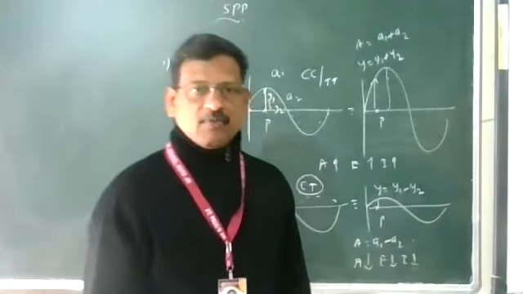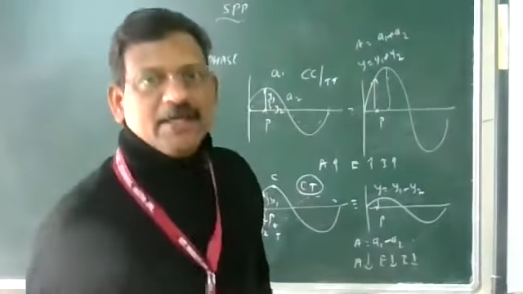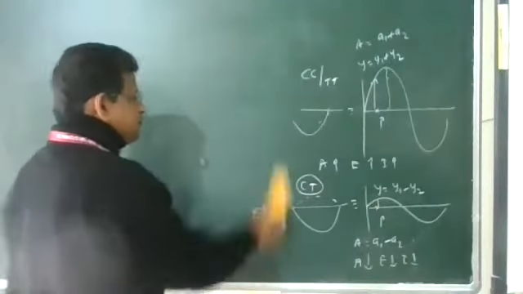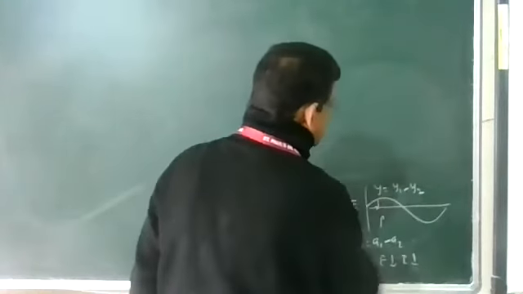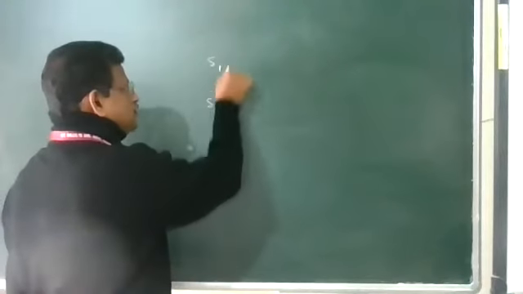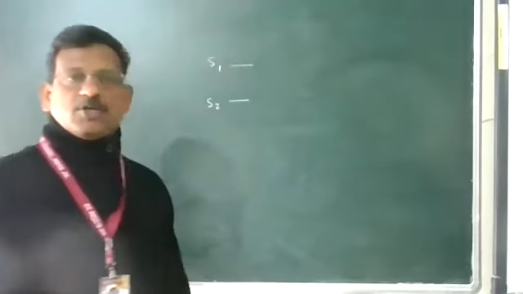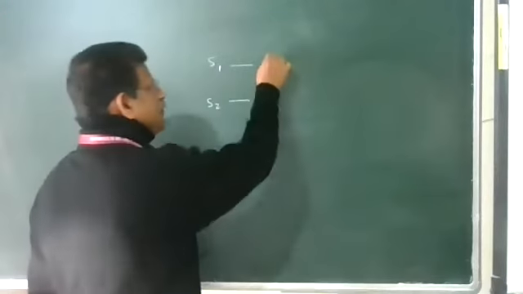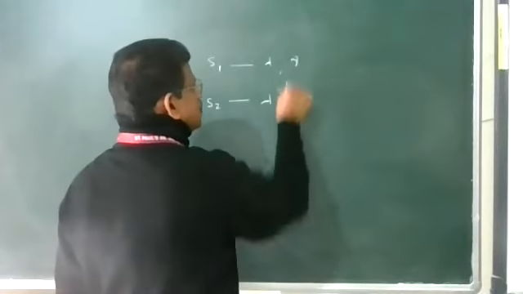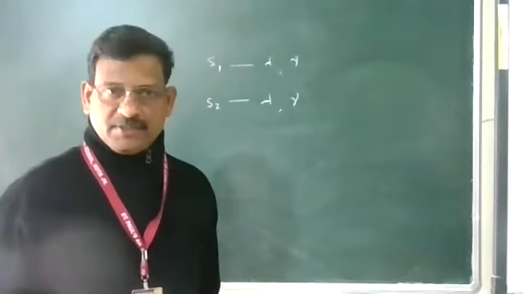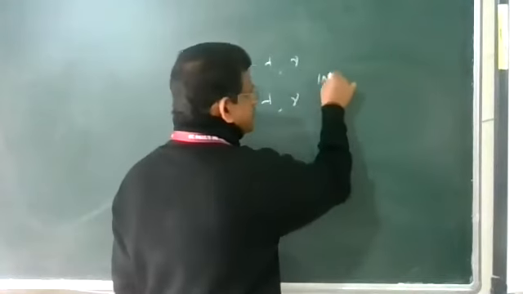And the next important point: what are coherent sources of light? Coherent sources. Two sources of light are said to be coherent if they are emitting light waves continuously with the same wavelength, the same frequency, and in phase.